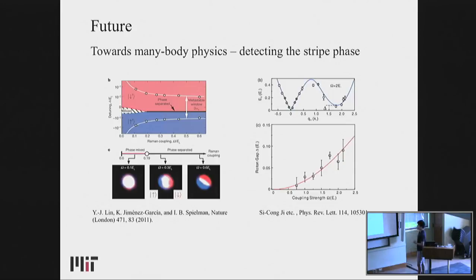And also there are other groups which measure the excitation of the spin-orbit coupling Hamiltonian. They can show that there is a transition point in the changing of the excitation, but still there's no direct detection of the stripe phase.